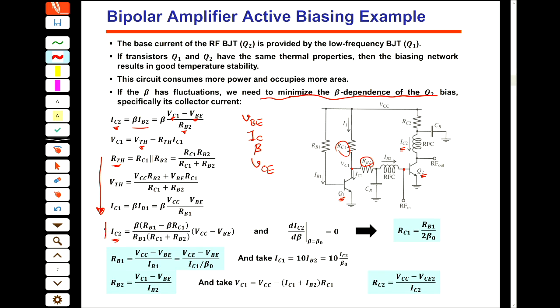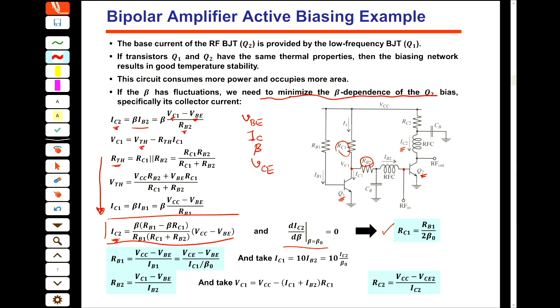Then to find the condition for the minimum dependency on the beta fluctuations, we just need to run this differential equation. Based on that, we can find that the RC1 should be RB1 divided by 2 beta naught.